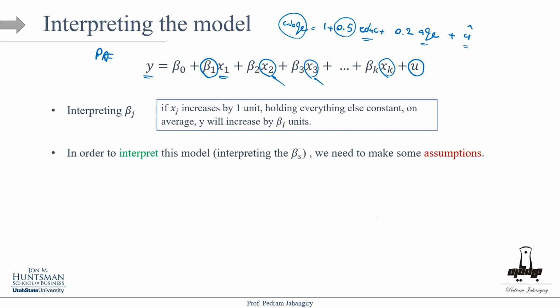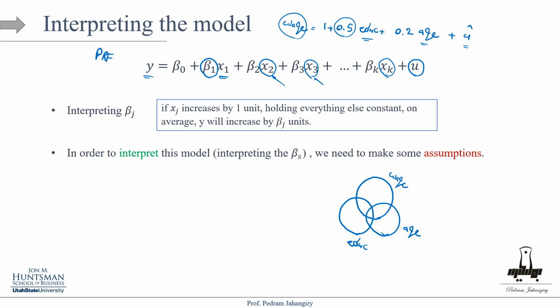So imagine this is the entire universe of the variance of wage. This is the entire universe of wage, and then this is our education, and this is our age. Obviously, there's going to be some correlation between wage and education. Let me actually highlight a bunch of stuff here.